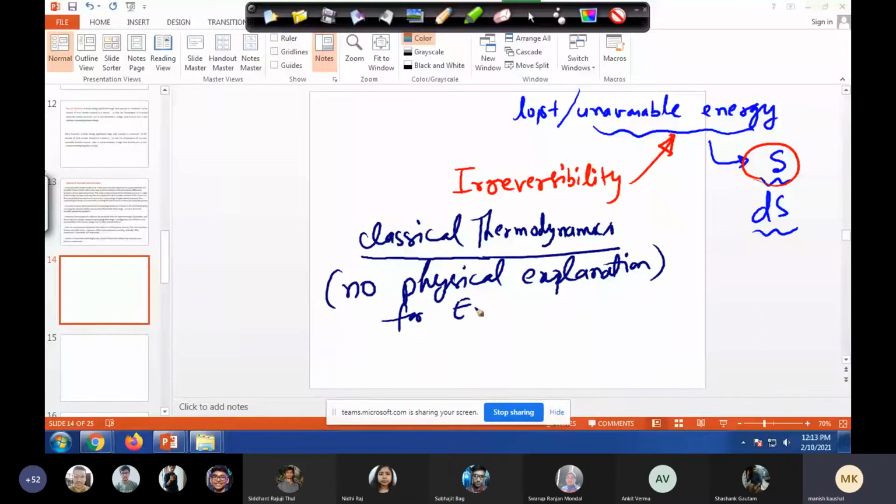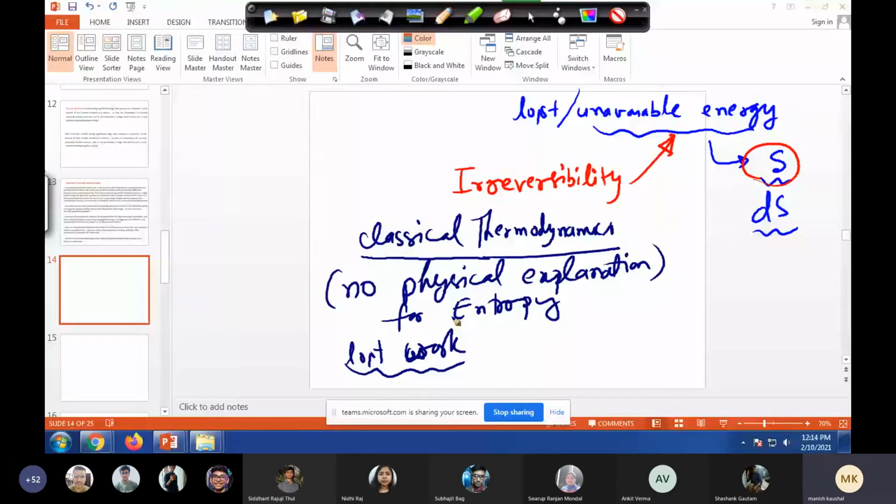What it explains is this lost work. It will explain lost work, because when we do the experiment or see the real process, there is a loss in available energy, which we know as potential to do work.